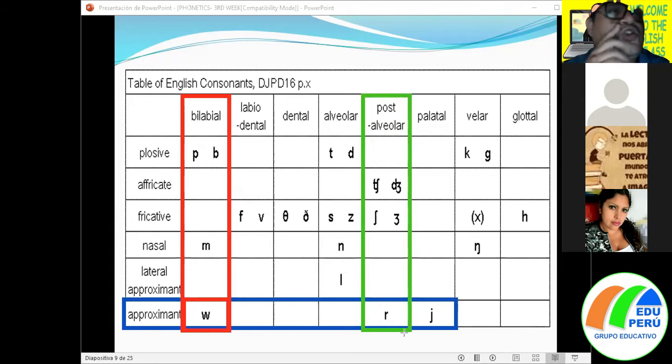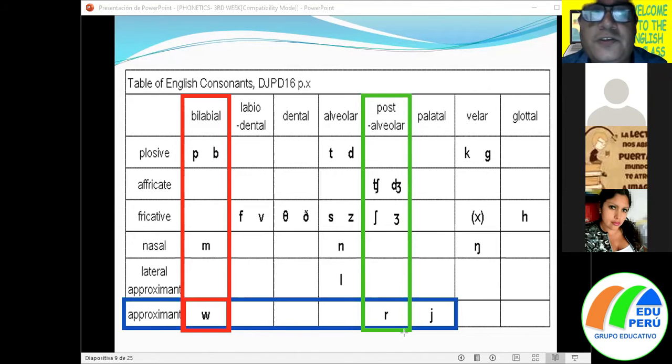And you have to protrude your lips. Notice here, right. I'm making the sound longer in order to recognize it. Right, correct.